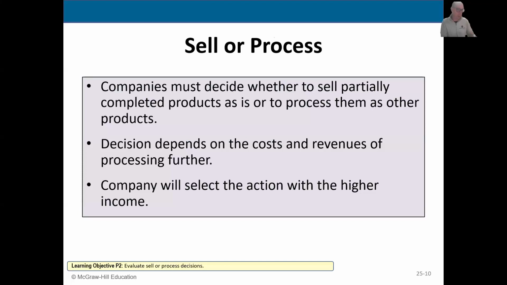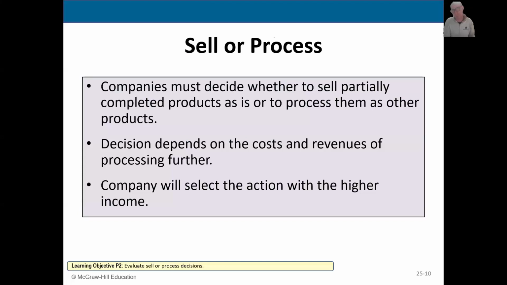Other examples would include things like oil processors, or milk processors, or whatever. A lot of different options. The decision depends on the cost and revenues associated with processing it further. The further I process it, the more I'm going to spend in that process.